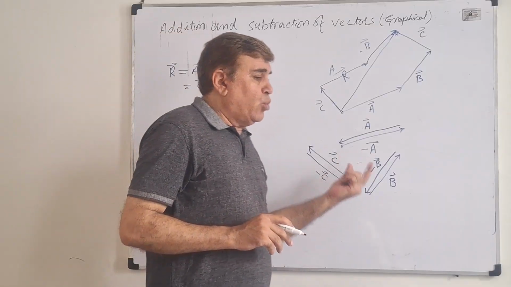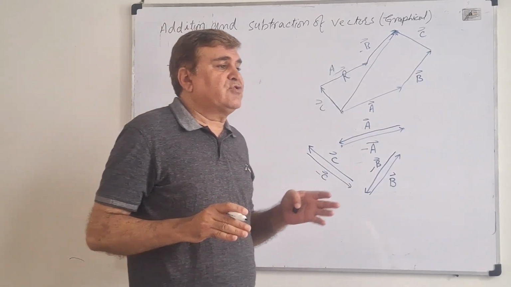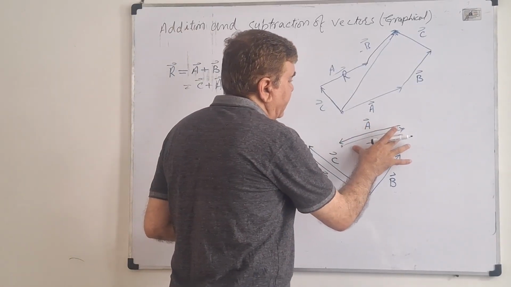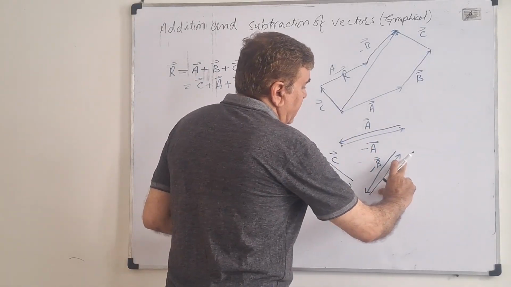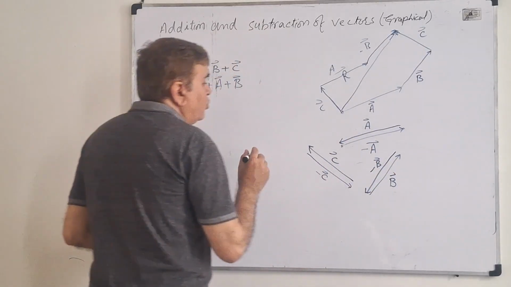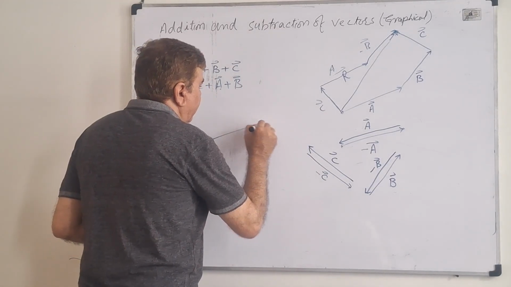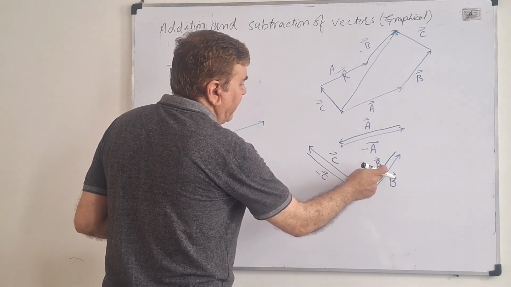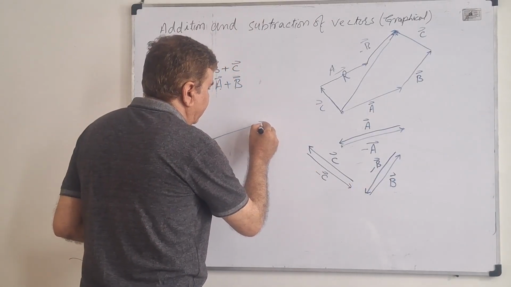So if we are given a vector and then another vector, and we are asked to subtract one vector from another, for example, we are given vector A in this direction, and it is asked to subtract vector B from A, what we would do is first put vector A in its own direction, and then put this vector B on its head in this direction.